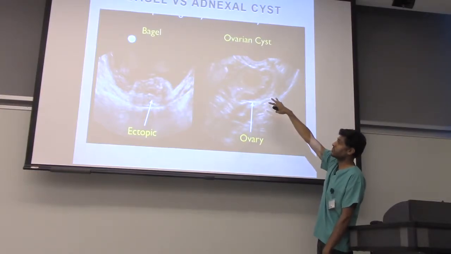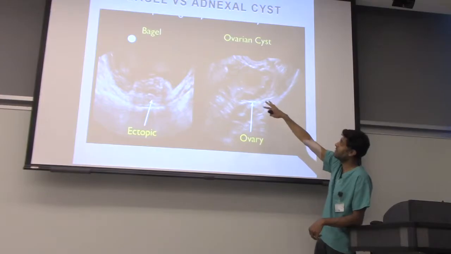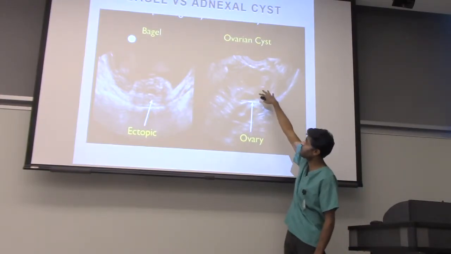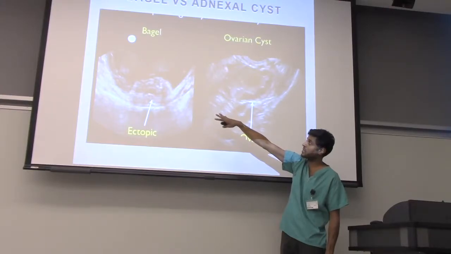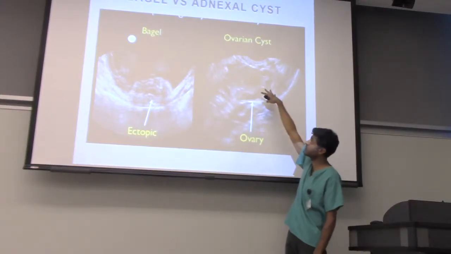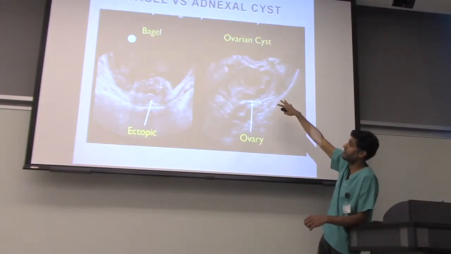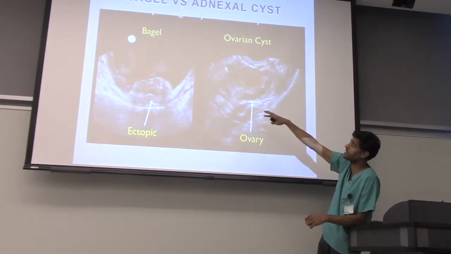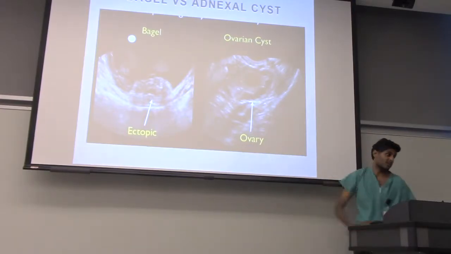So this is one of those things where you do need to scan through the entire adnexa and make sure, because ovarian cystic masses are going to be more complex appearing, and they're not going to have this nice rounded gestational sac structure. If you just were to scan through this in a cursory fashion, you could very easily misidentify that structure as an ovarian cyst. But if you are thorough and scan through the entire adnexa, I think it becomes fairly obvious that this is an ectopic pregnancy, and it is not just a complex ovarian cyst.